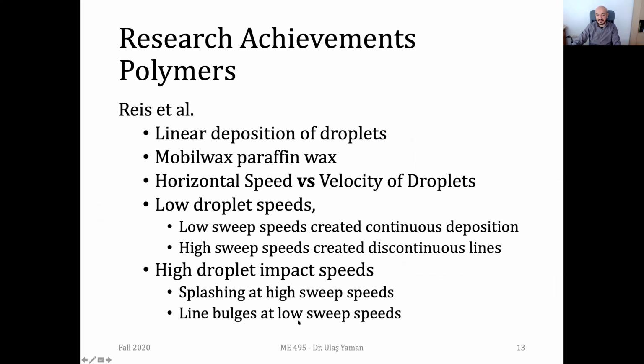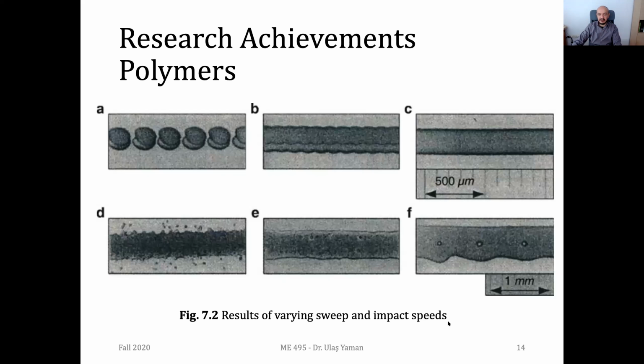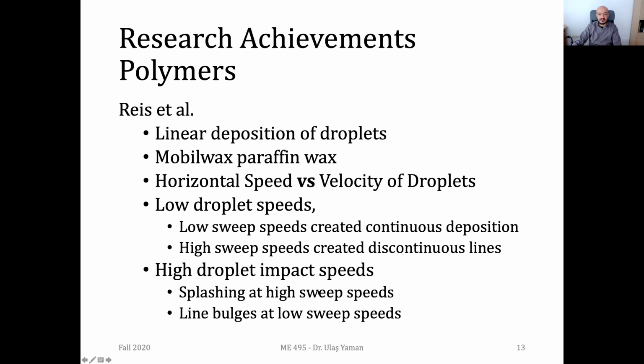But if you decrease the speed while jetting materials at very high speeds, you'll obtain some bulges, such as extra material around your line. So in summary, you should find the optimum speed for the droplets and also the optimum speed for the movement of your head.